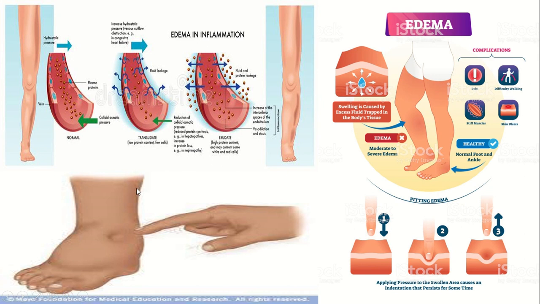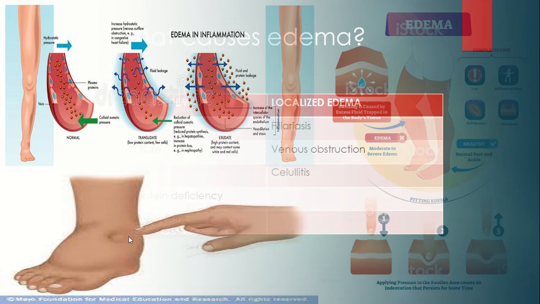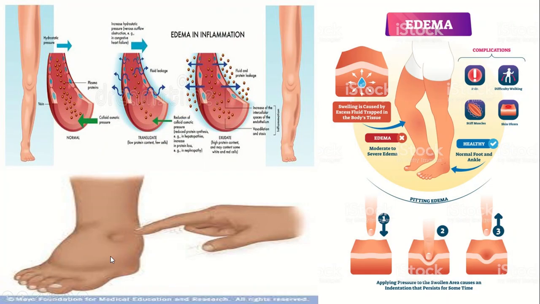These pictures can make you understand that this is a localized edema, and it can be examined by putting pressure on the affected area. If a pit appears, it shows that this place has edema.